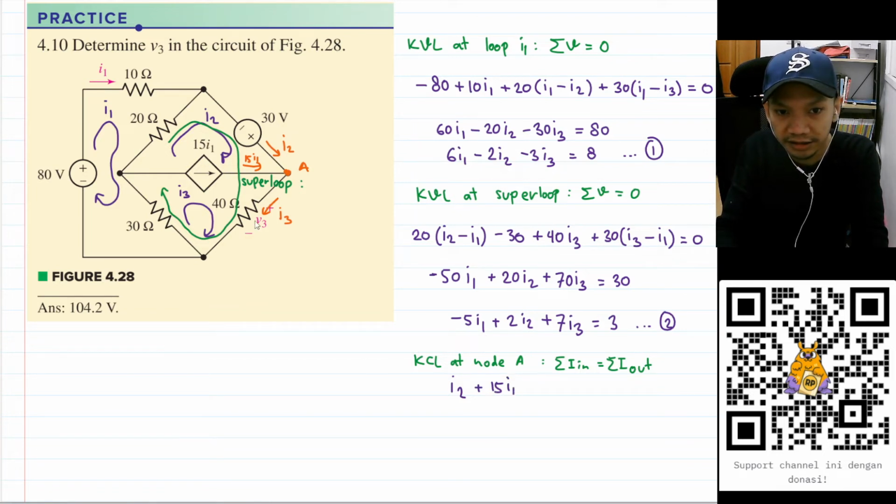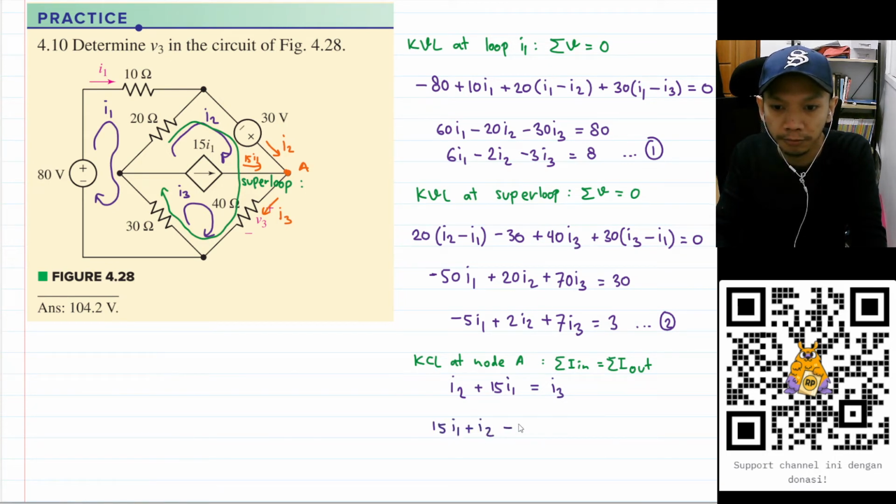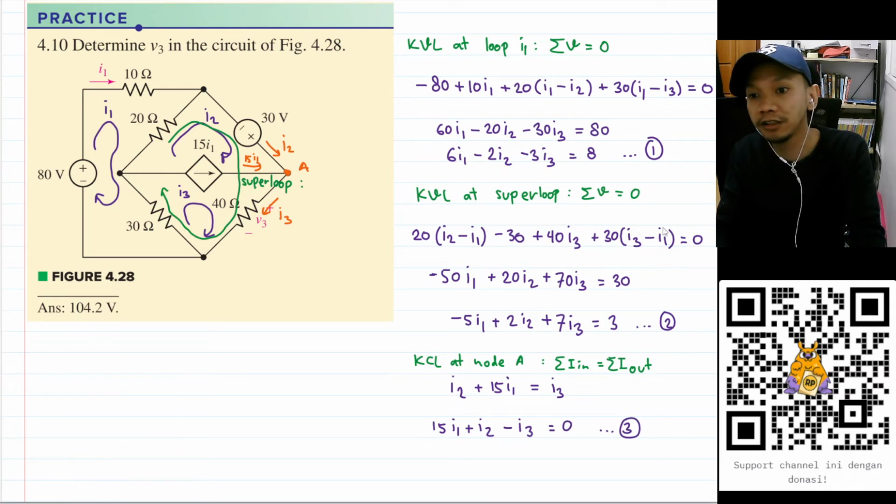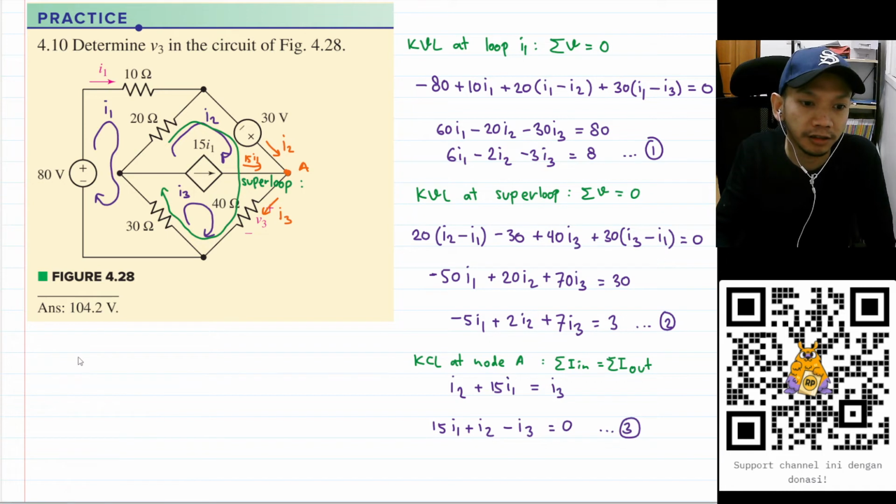Then this I3 is going out, so that equals I3. Or we can rearrange this as 15 I1 plus I2 minus I3 is equal to 0. Let's call this equation number 3. We have 3 equations and 3 variables, so we should be able to solve that.